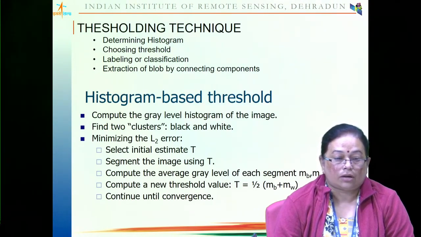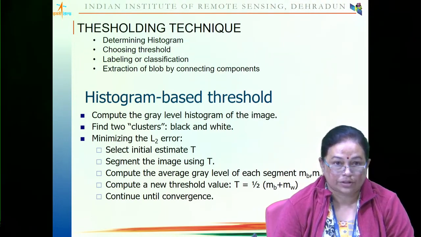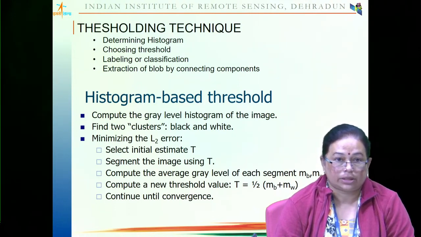When we adopt the thresholding technique, we determine the histogram first. The user chooses an appropriate threshold, and then labeling or classification based on this threshold is attempted. Once this is done, the extraction of possible blobs by connecting similar components is done.